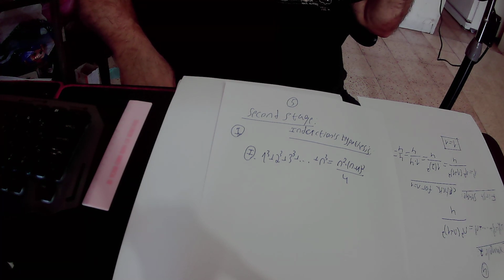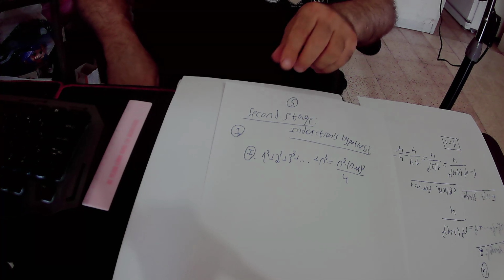Now, relying on this assumption, we will prove that the expression for n plus 1 is also true, or the expression of the statement for n plus 1 is also true.